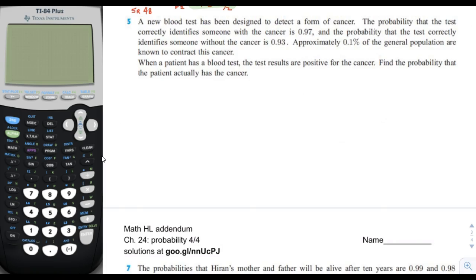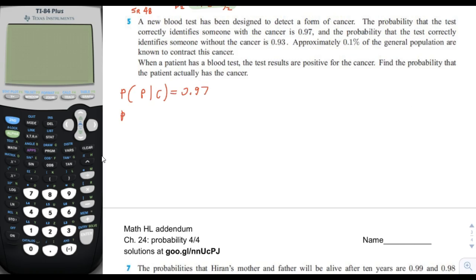The probability that the test correctly identifies someone with cancer is 0.97. So the probability that it's positive, given that the patient actually has cancer, is 0.97.